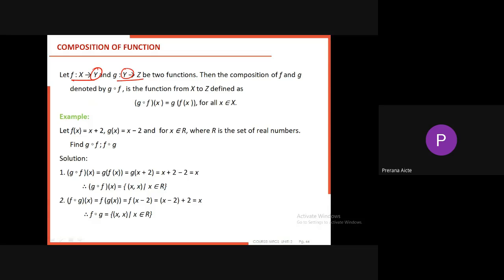Then we can map from x to z, and we can apply the composition between f and g, represented as g circle f. So g circle f of x is given by g of f of x, and given two functions f of x and g of x, we can easily identify g circle f of x.